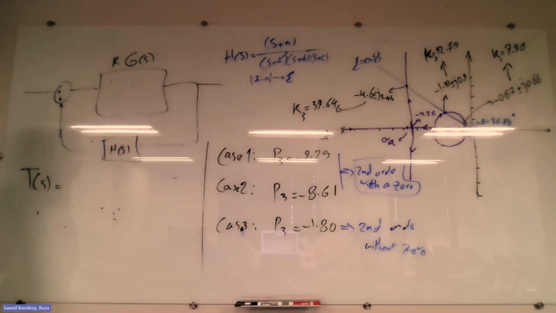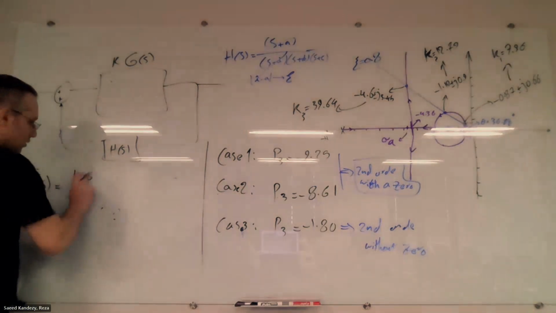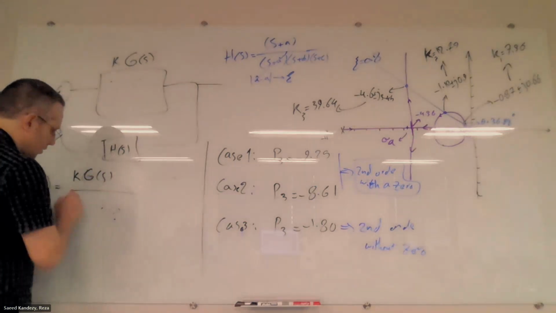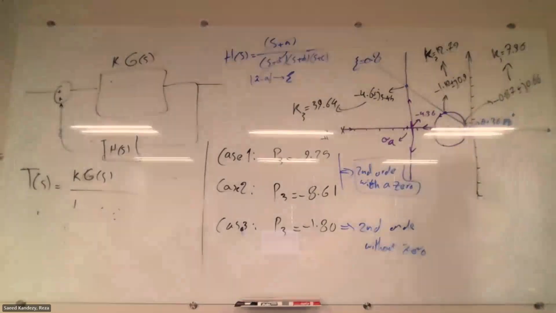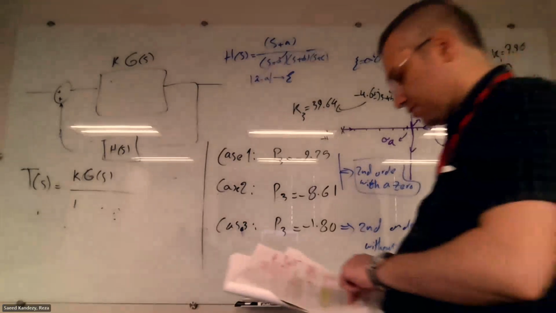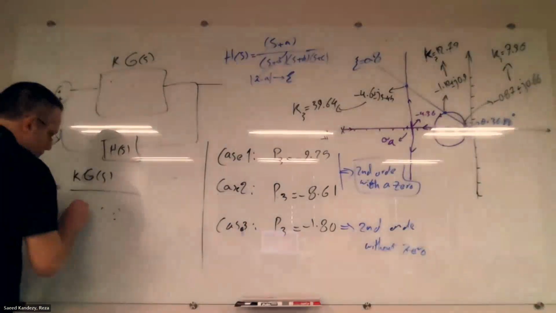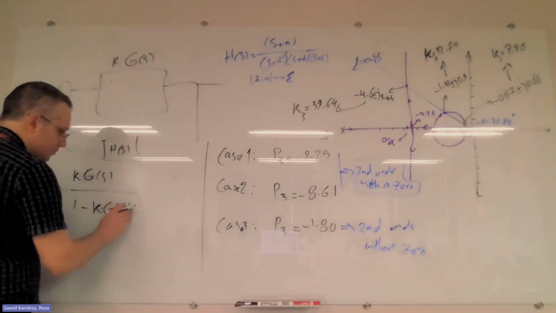We already know for positive feedback, it became KG of s over what? What is the denominator? 1 minus KGH.